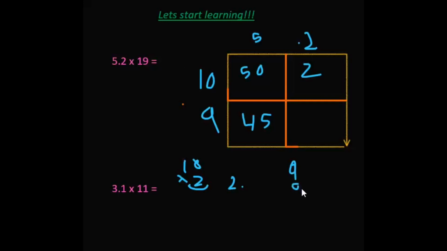This is basically 9.0, and remember that 0 doesn't do anything, so we don't really need that 0. I just wanted to show you how it's equivalent. Now we do 2 times 9, which is 18.